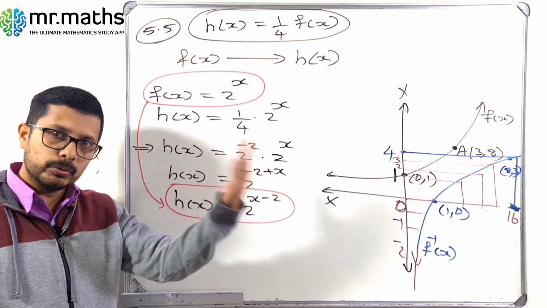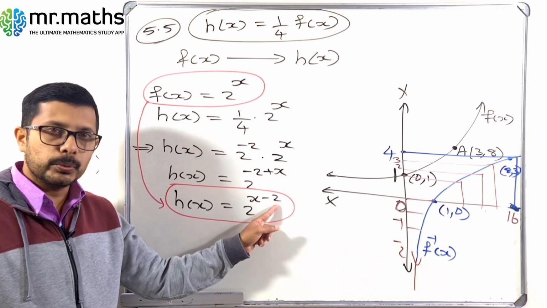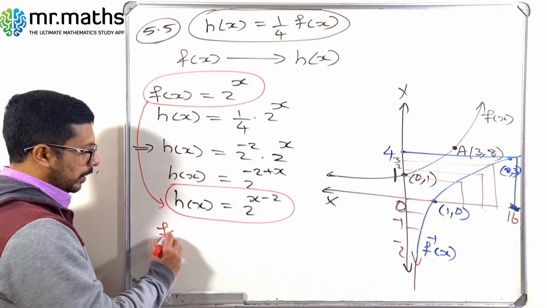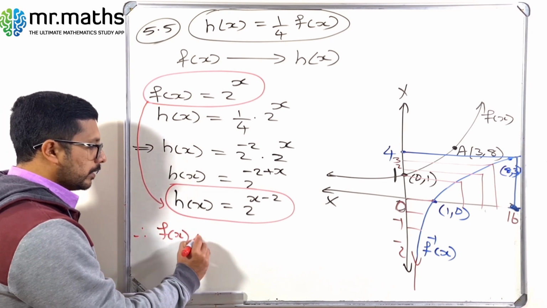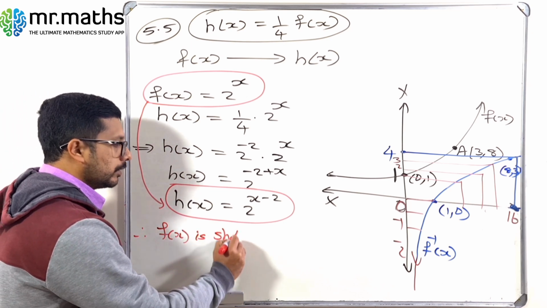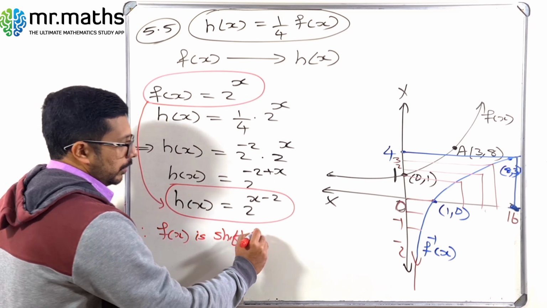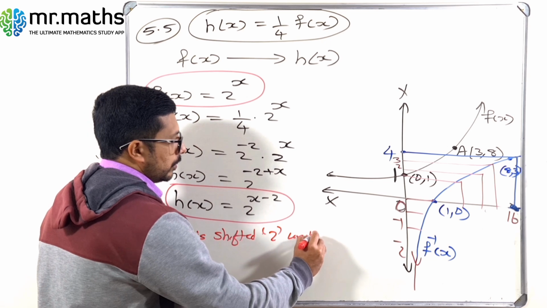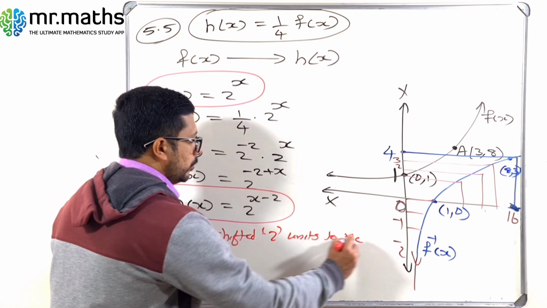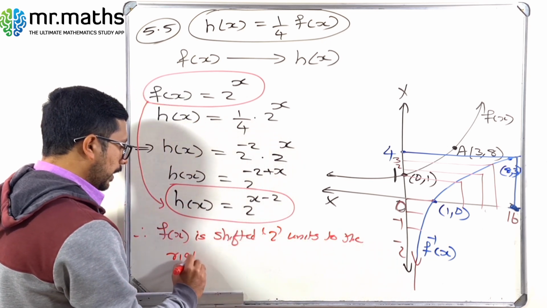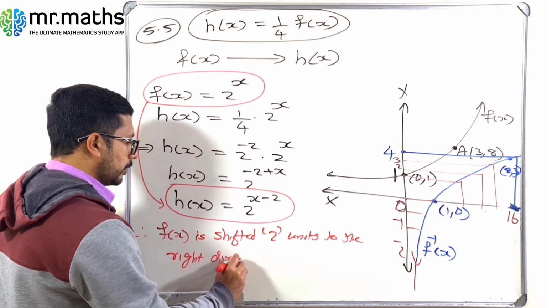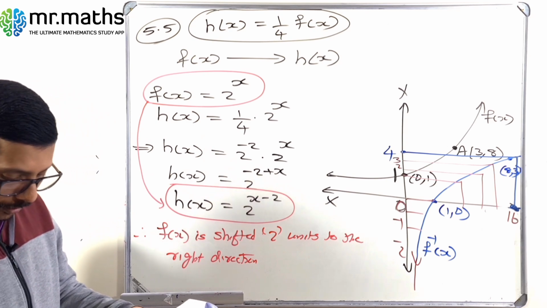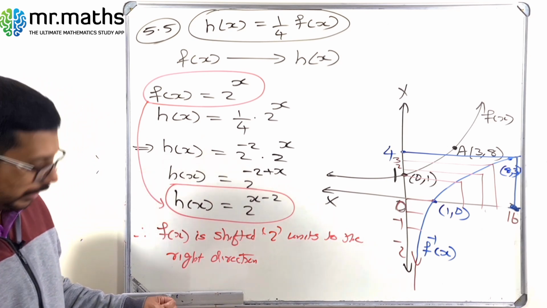Minus 2 means to the right, by 2 units. That's why we got x minus 2. So f of x is shifted 2 units to the right.